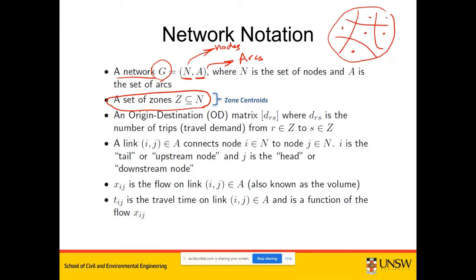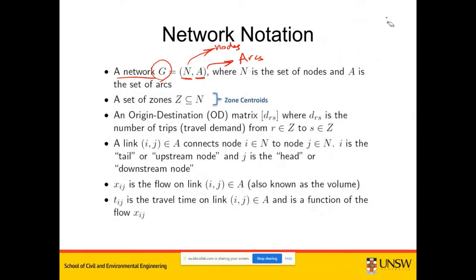So we can also define some zones and centroids. But again, we don't have to do it now because we only focus on the assignment part, not necessarily the trip distribution and generation part. But anyways, you can also define centroids being a subset of this N itself. So an origin-destination matrix, this is how we represent it. D_RS, where this is a matrix, right? So this is a matrix.